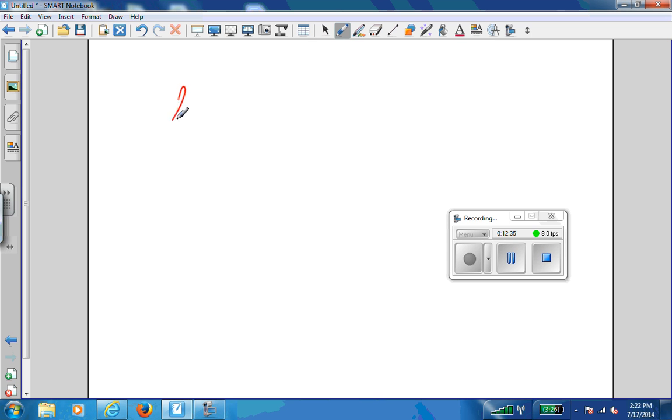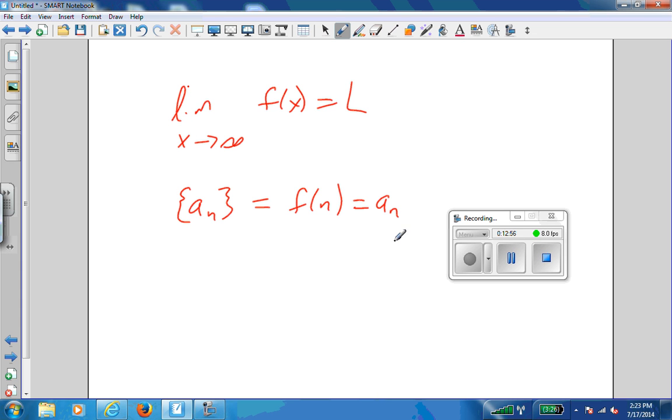It basically says if the limit as x goes to infinity of a function is L, then if we have a sequence that is equivalent to that function at values at integers, the difference between this function and this sequence is that for a function, the domain is continuous. But for a sequence, n is just going to be integers.